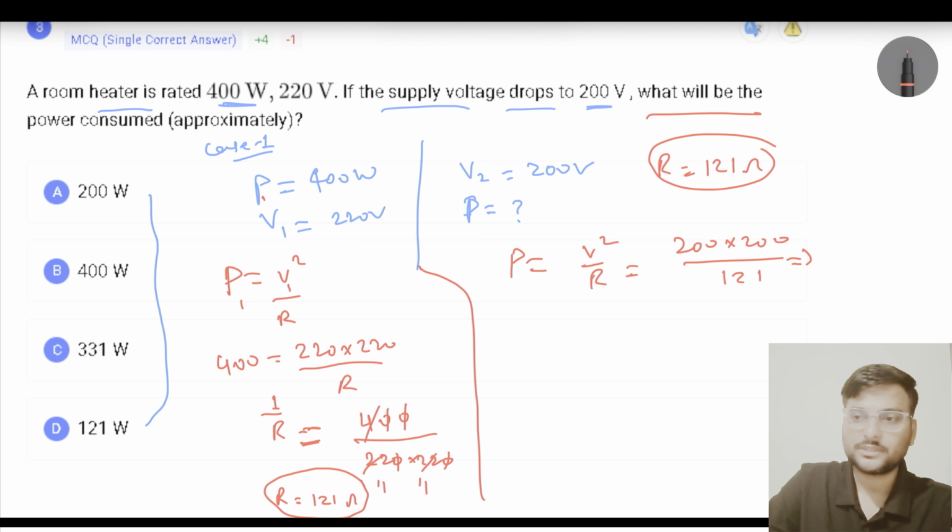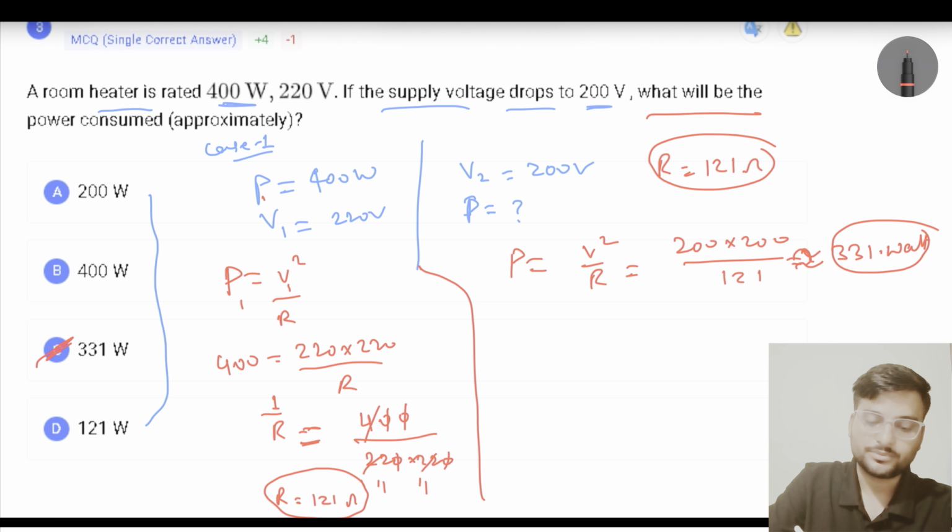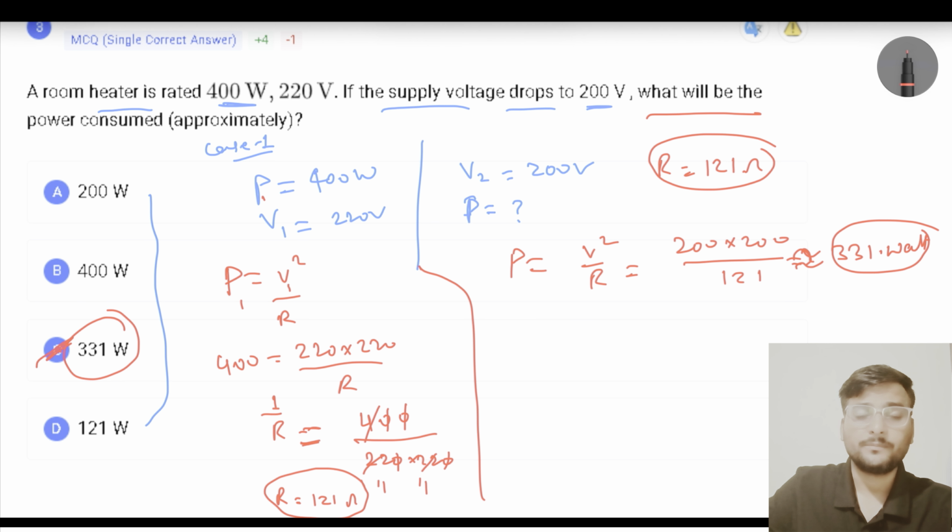When you solve this equation, you get an approximate value of 331 watt. So option number 3 is the correct one according to the given condition of this question, right? So this question is also completed, and just remember this concept because similar types of concepts have been repeated in previous years many a time.